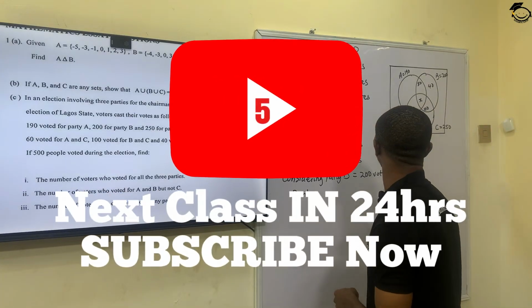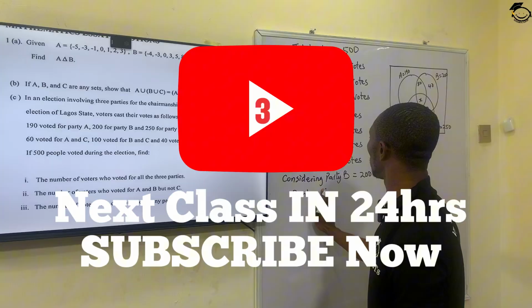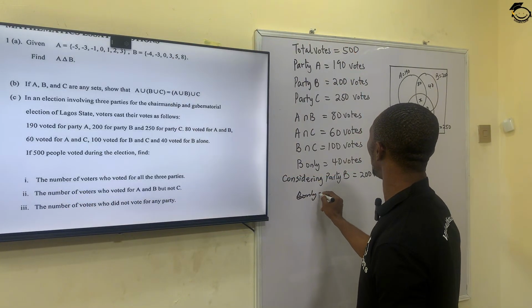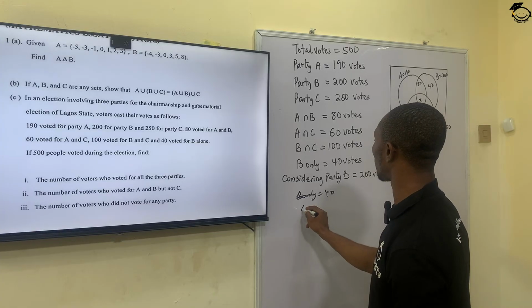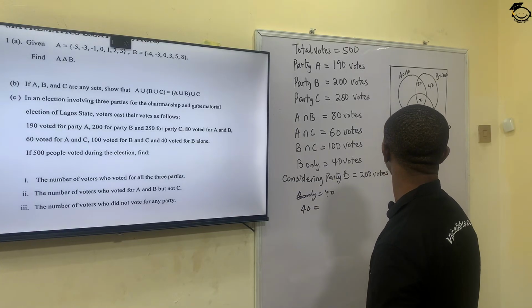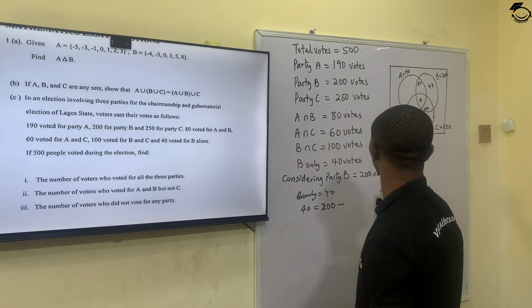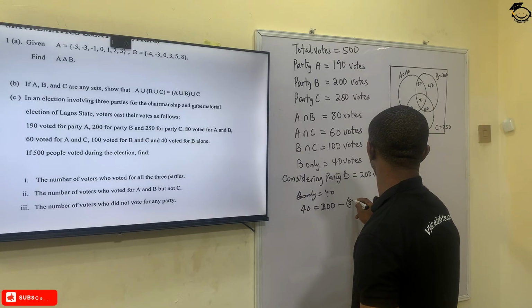So B only, which is 40, we have it as 40 equals 200 minus, bracket open, 80 plus 100 plus X.